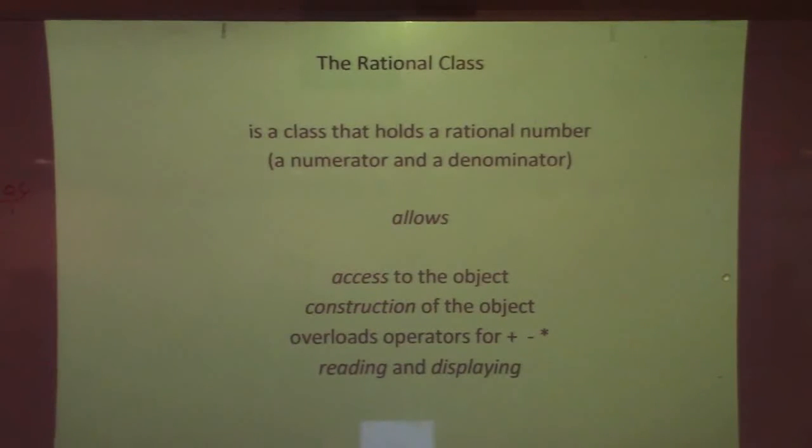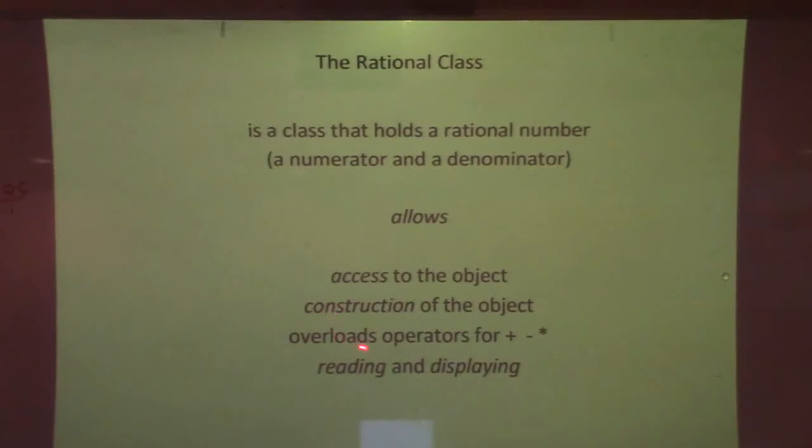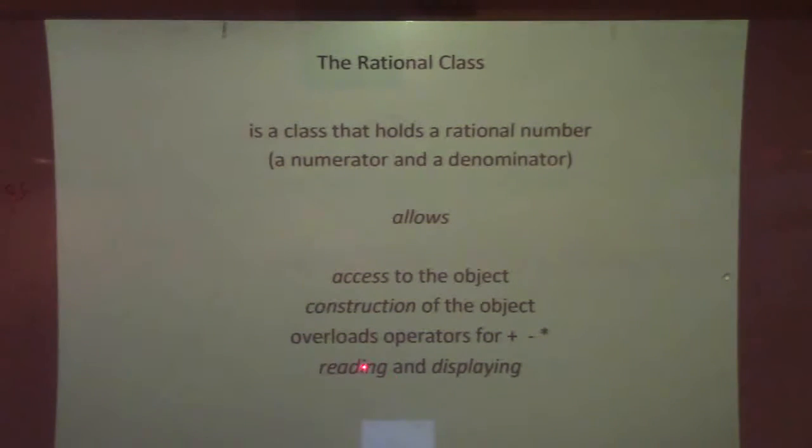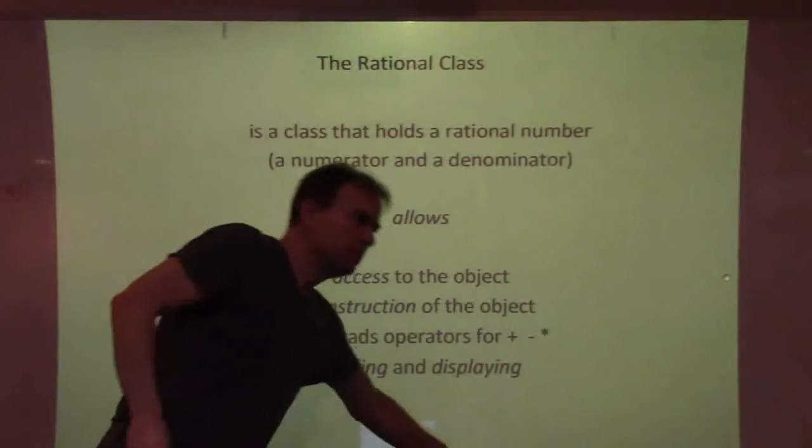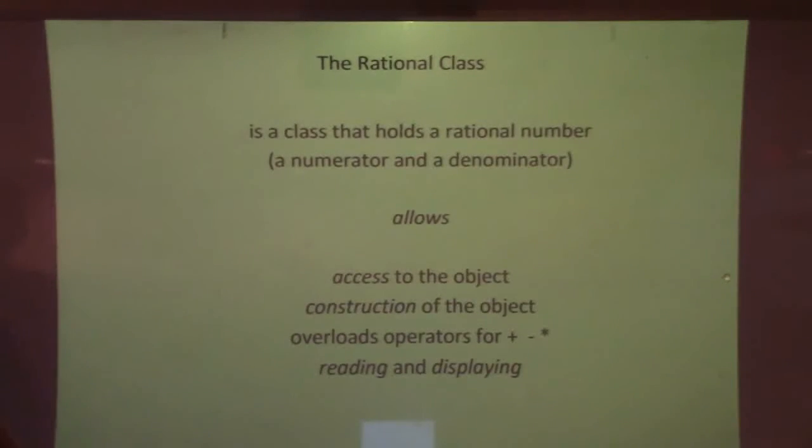So we want to allow access to the object, constructing the object, building an object. We're going to have our rational class overload operators for plus, minus, and star. And then we're going to allow reading and displaying our objects. So when we build this class, let's go back to our first lecture.